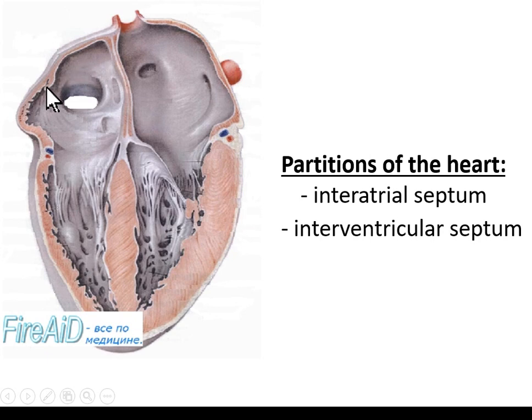Between the right atrium and right ventricle, we can see the right atrioventricular orifice. Between the left atrium and left ventricle, we can see the left atrioventricular orifice.